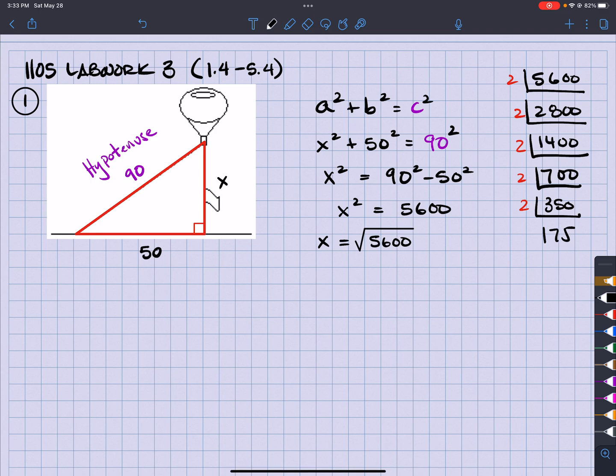Well, I guess I can't use 2 anymore, so I'm going to 5s. All right, so 5 can go into that 35 times, and 5 can still go into that 7 times.